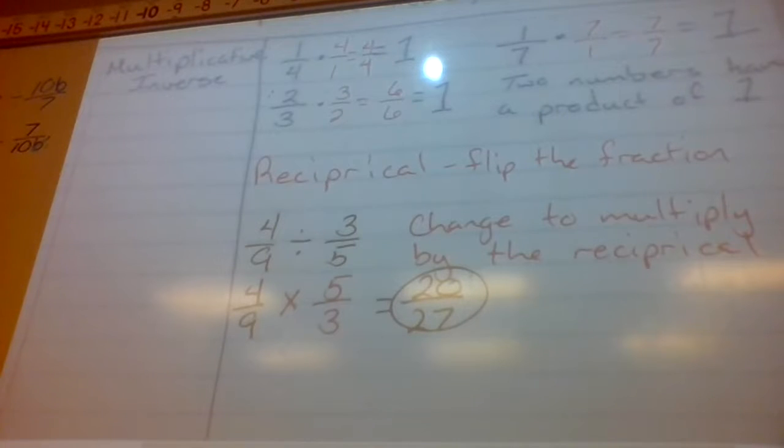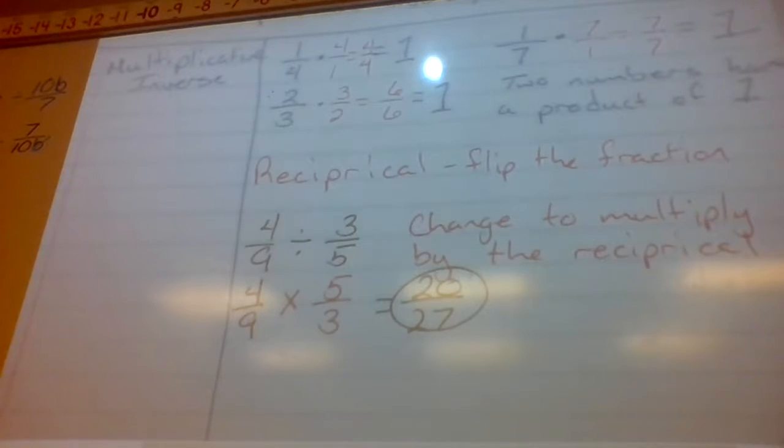So those are the steps. Does anyone know why we do this? Because if you hadn't changed 3/5 to 5/3, you would have been able to simplify 3 and 9.